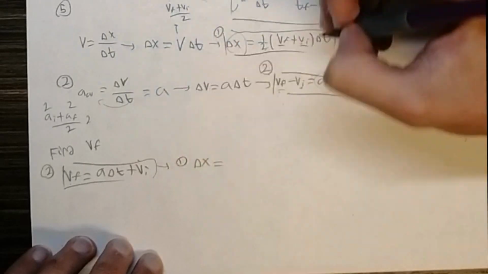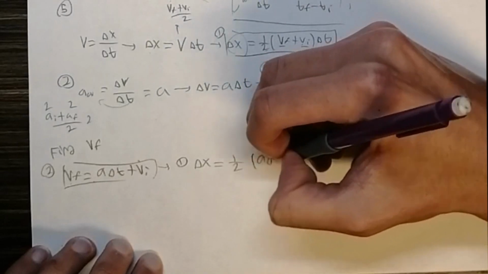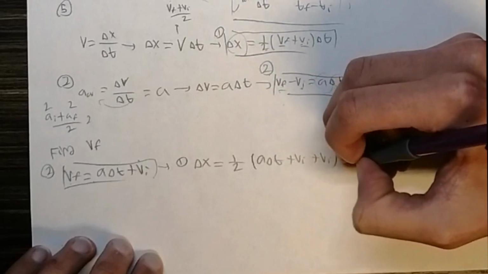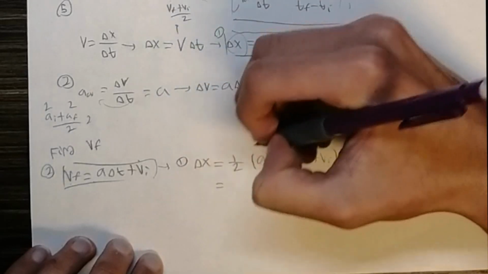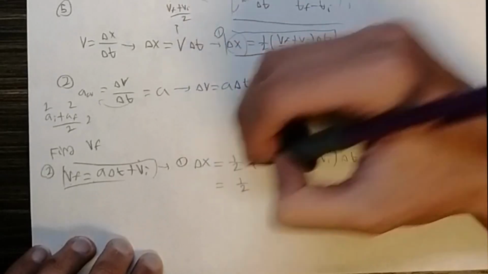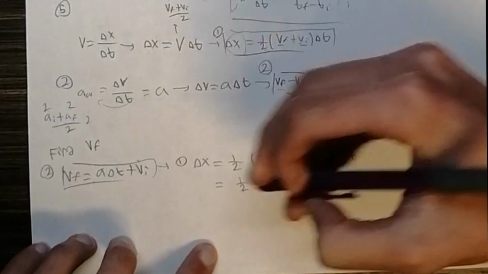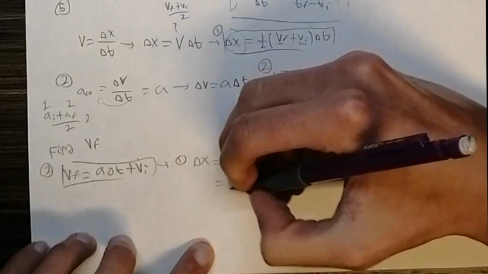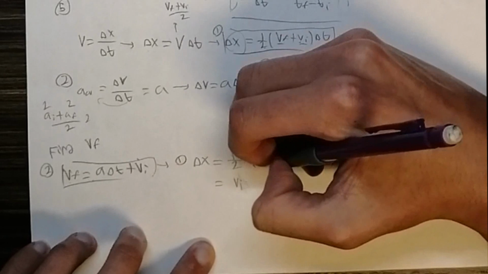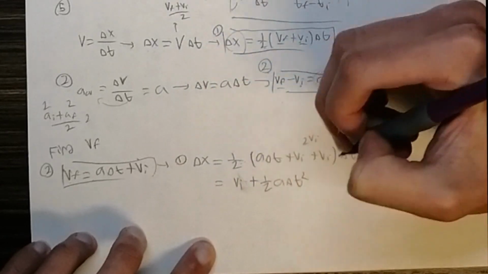So change in x is equal to 1/2 times v final, which is that, so acceleration times time plus vi, times change in time, which is equal to 1/2. vi plus vi is 2vi, divided by 2 is just vi, plus 1/2 at times t, so 1/2 a t squared.